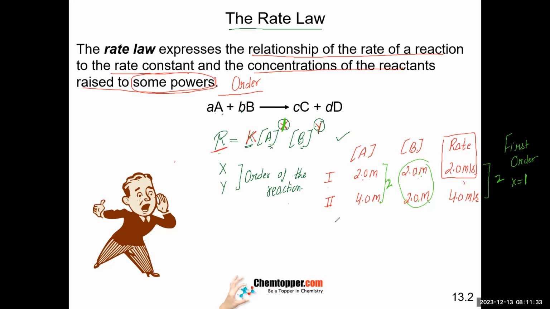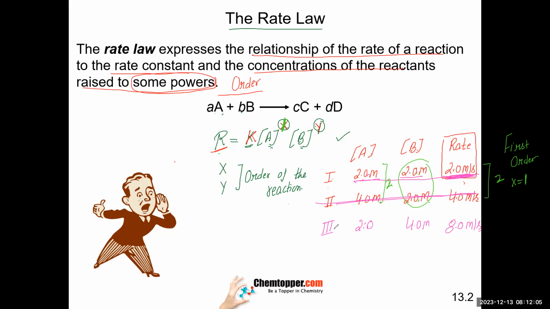Now I perform the third experiment. This time I'm not changing A, I'm keeping it constant. A is the same. But I'm going to double B. And I found this rate. Compare with this. This rate I found has become 8. Now just ignore experiment 2.